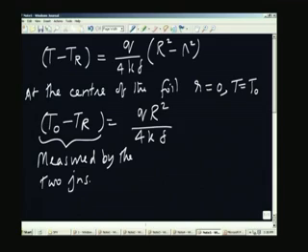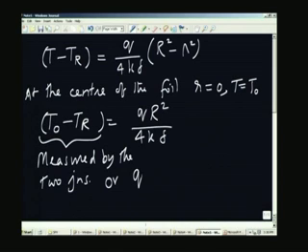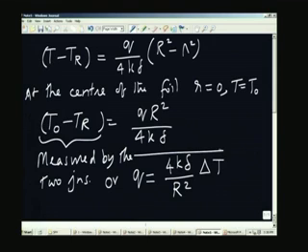So, I am setting up a temperature difference between the center of the foil and the circumference of the foil at the radius equal to capital R, equal to Q R squared by 4 k delta, or I can rearrange this equation as Q equal to 4 k delta by R squared multiplied by delta T, where T0 minus Tr I am calling delta T.